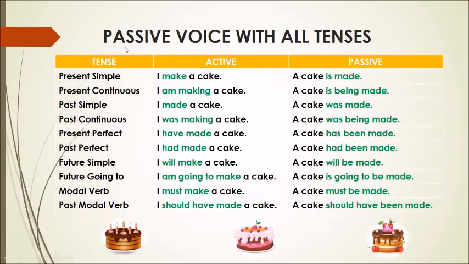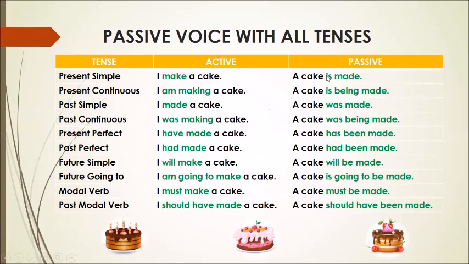Finally, we are going to check that the passive voice can be formed in all tenses. But remember that the most important characteristic for the passive voice is the verb to be and the past participle after it. In simple present, a cake is made.